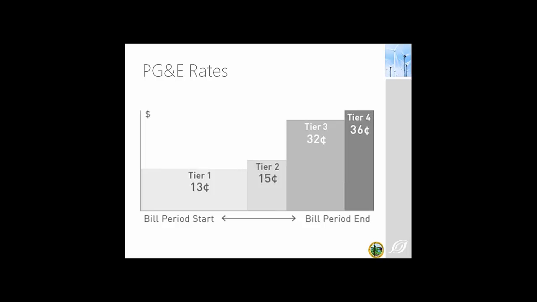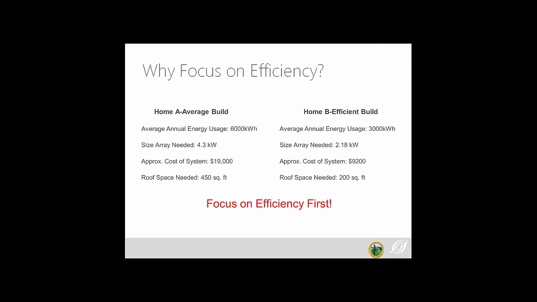The large majority of people in San Mateo County are hitting Tier 3 and Tier 4 for almost half the month sometimes, so it can really bring your costs up. PG&E is going to be moving to a two-tiered rate. It's going to be the same concept, just less variability over the month. Next slide.